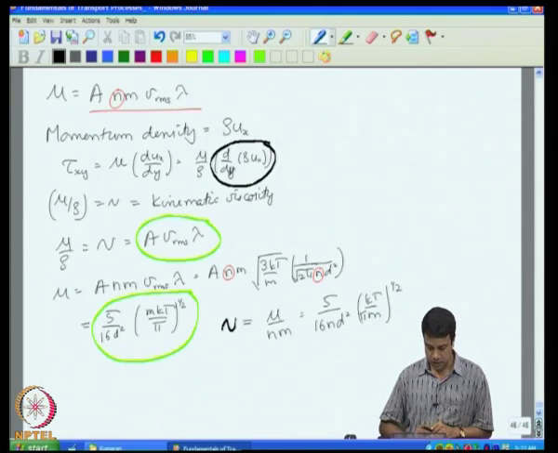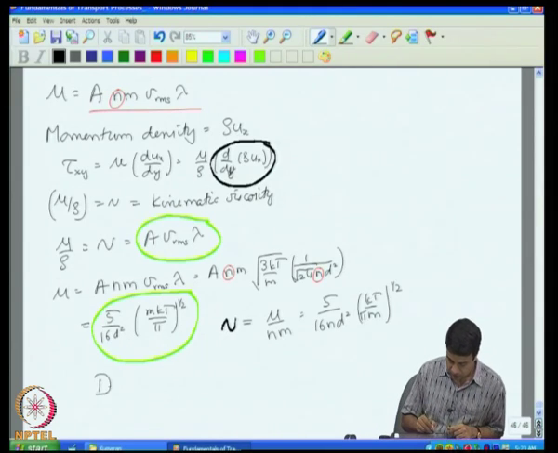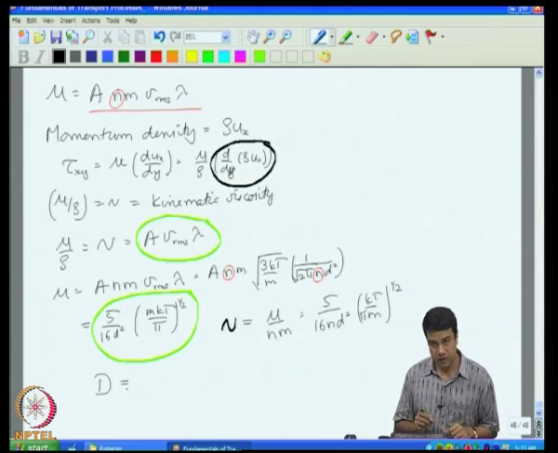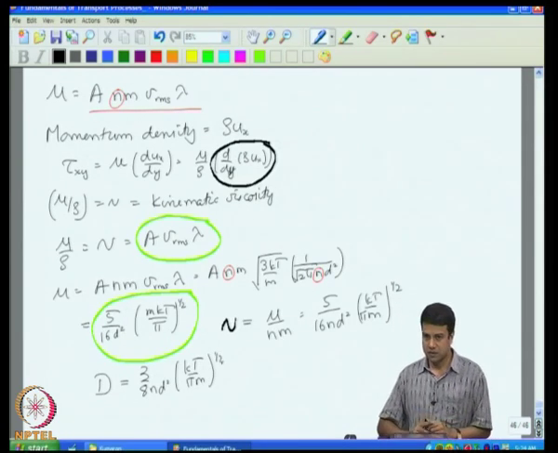Recall the formula for the diffusion coefficient. The mass diffusion coefficient that I had got was 3 by 8 n d squared times (kT by pi m) to the power half. So, straight away from this I can get the Schmidt number, which is the ratio of the kinematic viscosity and the mass diffusivity, or the ratio of momentum and mass diffusivity.